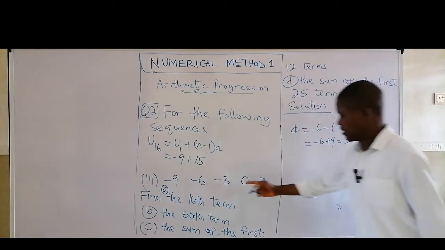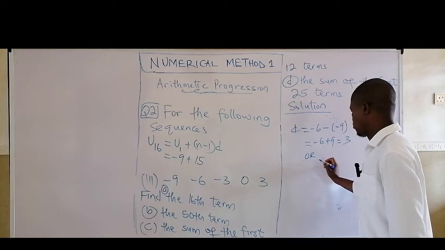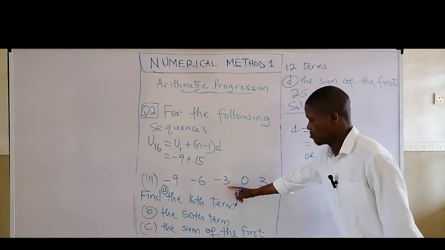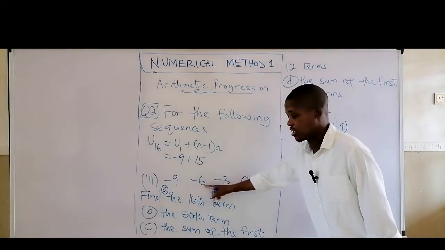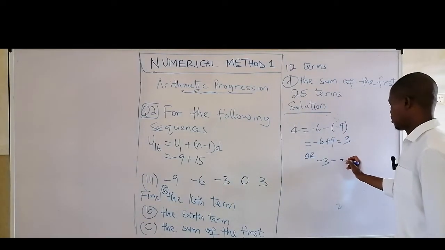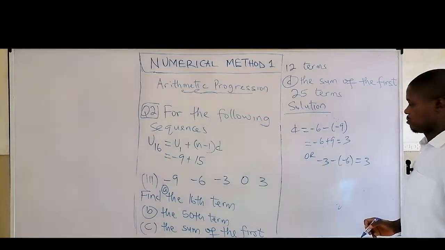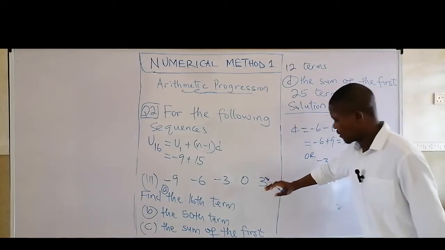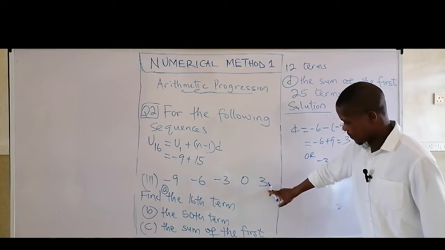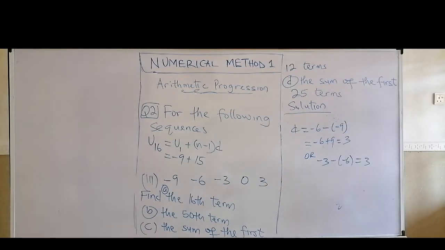If you also take the third term minus the second term, you get the same thing also. That's minus 3 minus minus 6, that's also 3. Okay? So, confirm. Also, the fifth term minus the fourth term, you get 3 also. So, the common difference is 3.